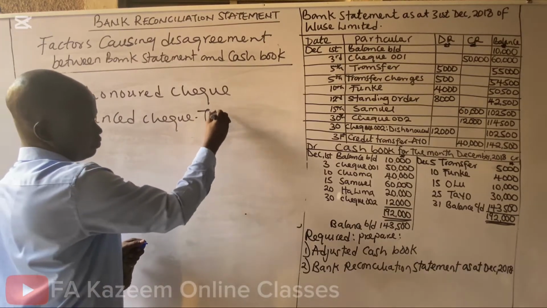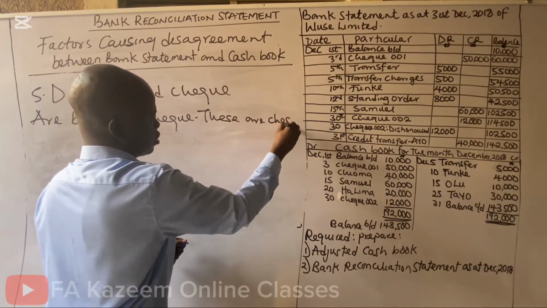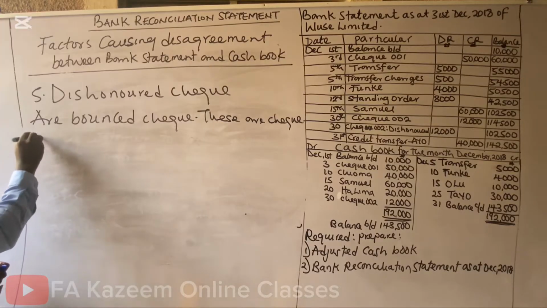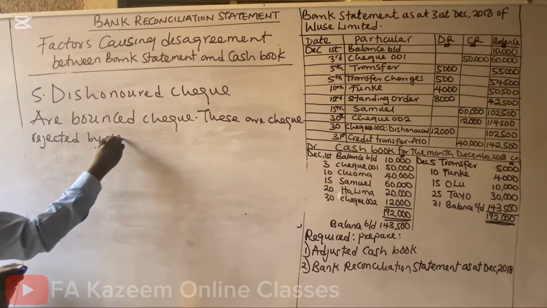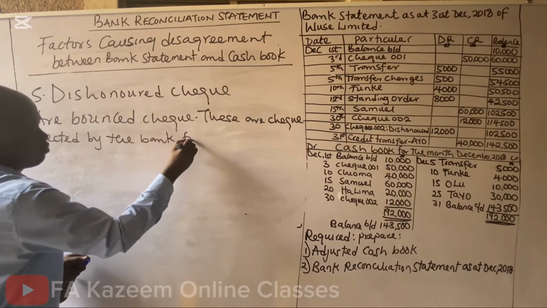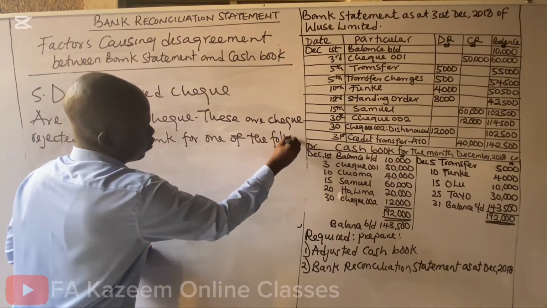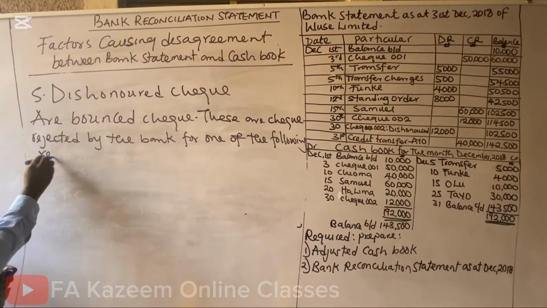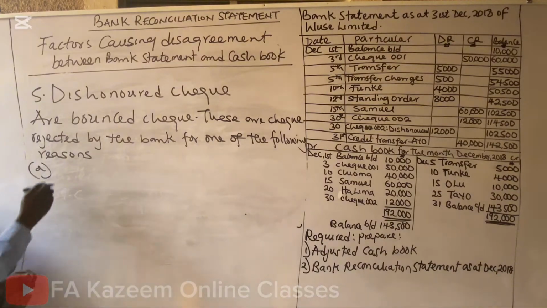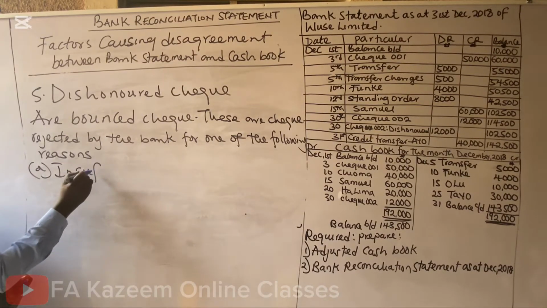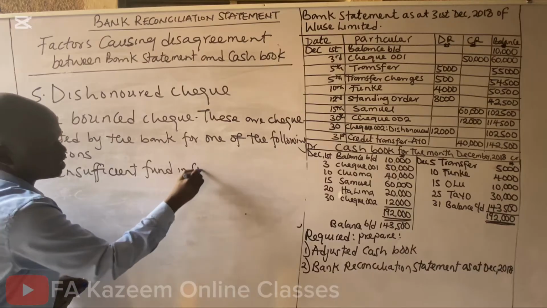These are checks rejected by the bank for one of the following reasons. There are reasons why a bank can reject a check. A, insufficient fund. Insufficient fund in the customer's account.